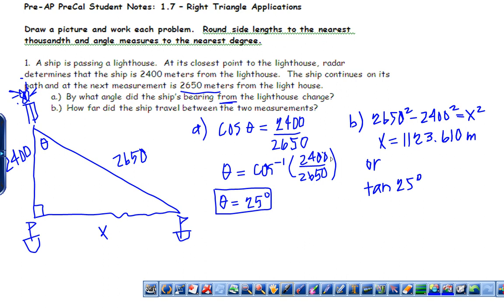You're going to use this answer, which is non-rounded. You never use the rounded answer until the very end. So this would be x over 2,400. If you use the rounded answer, of course you will get a different answer. You should get the same answer, which is 1,123. And that would be meters.